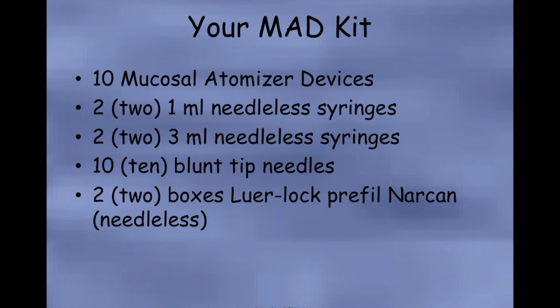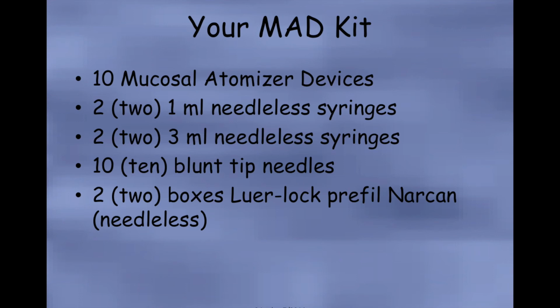And you're going to need blunt tip needles to remove the medication from a device when necessary. So utilize your blunt tips, and you're going to need 2 boxes of your Luer Lock refill Narcan. The Luer Lock can be removed and you can draw from the container itself, and that is something that you guys will also be going over with your training.